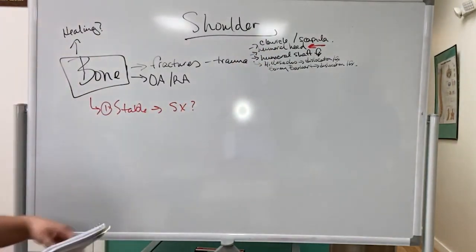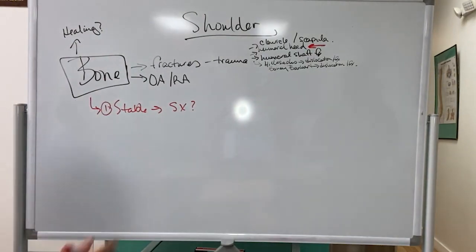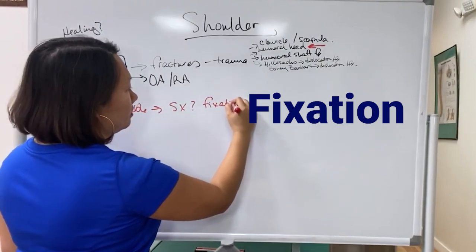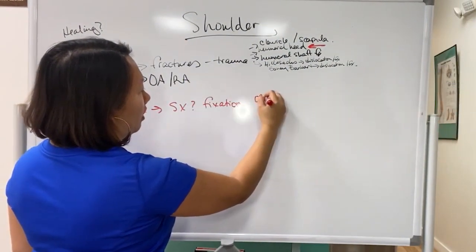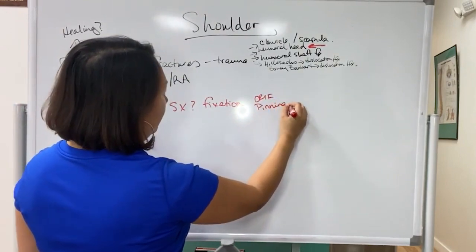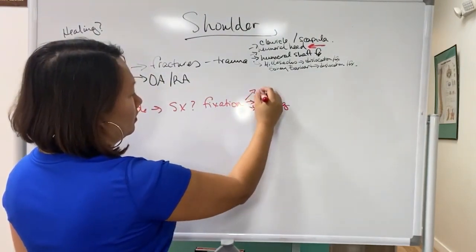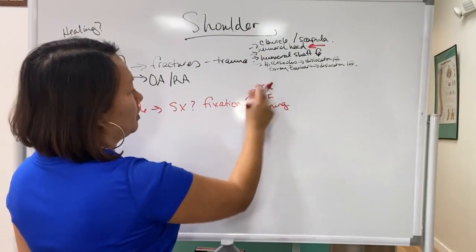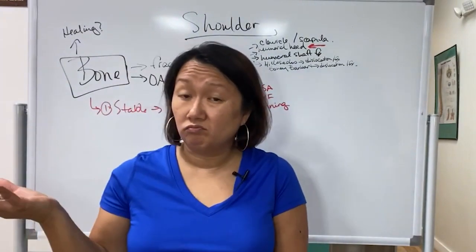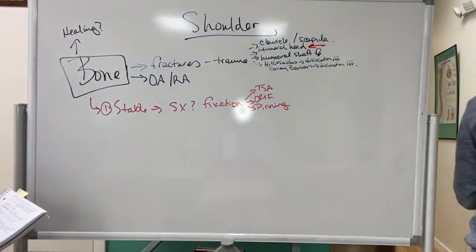So then you have to know what kind of surgery that you're having. It's usually some type of fixation, correct? You're having some type of ORIF, there could be some type of pinning, right? Or they could have a total shoulder replacement due to the fact that the fall was so severe, right? So anything could potentially happen there.